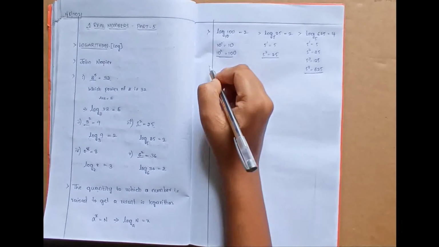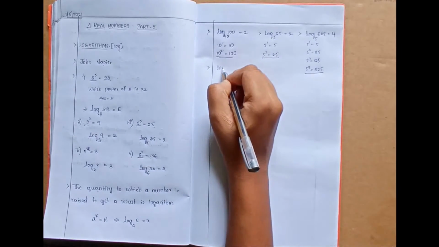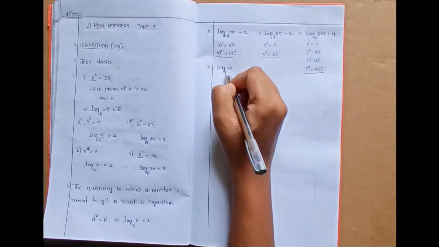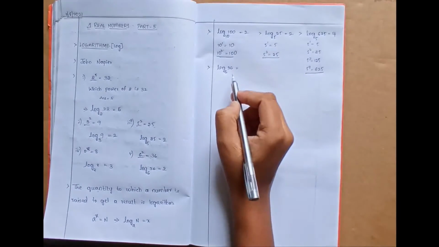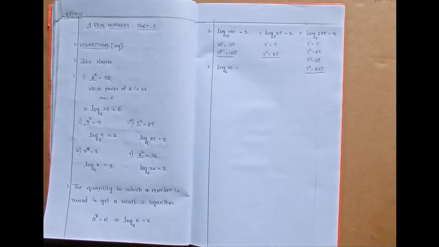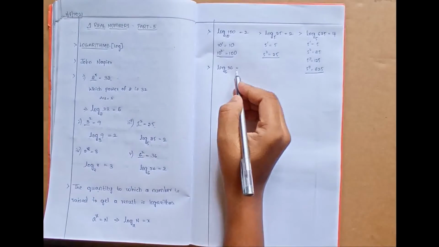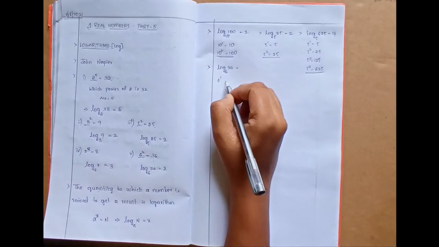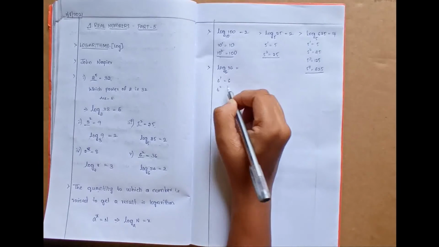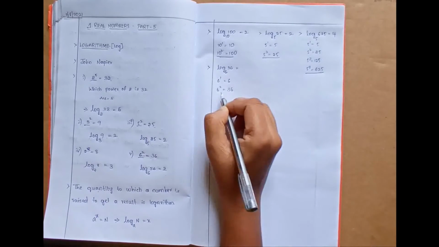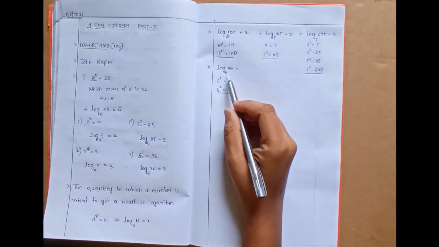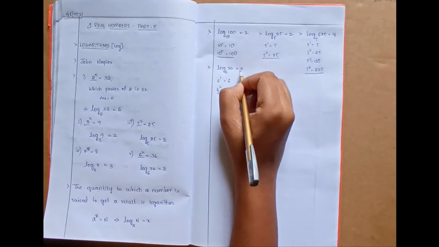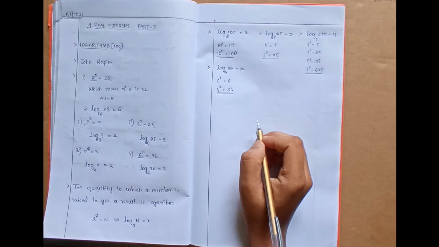Now let's take another, log 36 to the base 6. Here we should find how many times 6 is raised to get 36. 6 to the power of 1 is equal to 6. 6 squared is equal to 36. As you can see, 6 is raised 2 times to get 36.